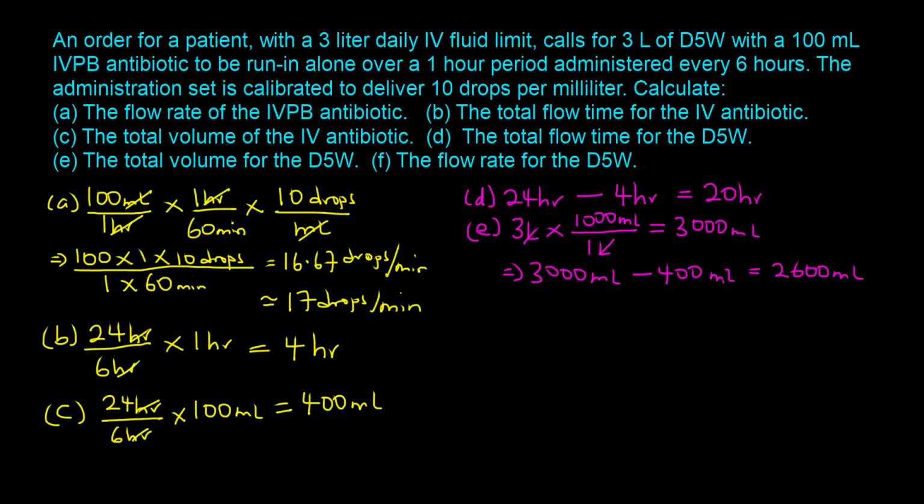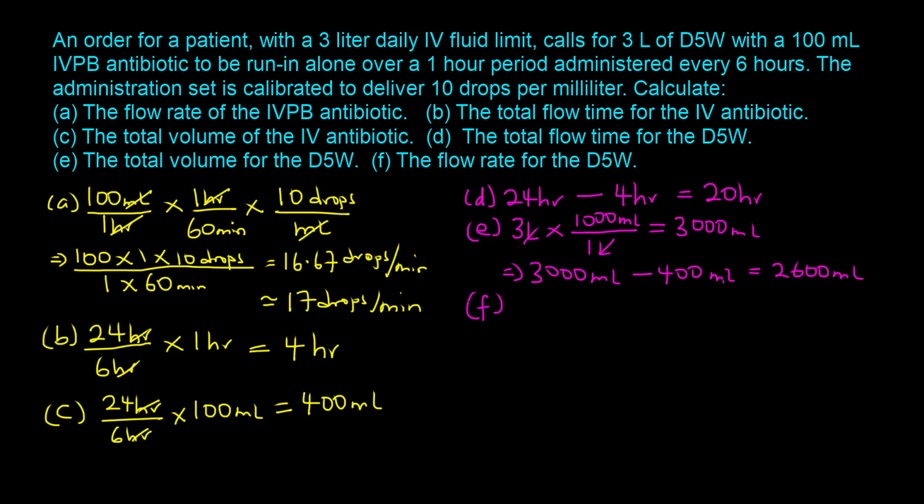We can now solve part F of the question, which is asking for the flow rate for the D5W. Now, the way we will do that is to take the total volume for the D5W, which we calculated in part E to be equal to 2,600 milliliters, divide that by the total flow time for the D5W, which we calculated in part D to be equal to the 20 hours, and then convert the hours to minutes and multiply that result by the drip factor.